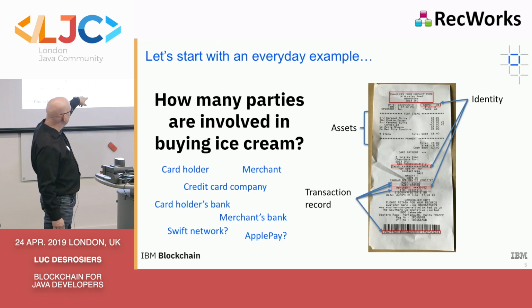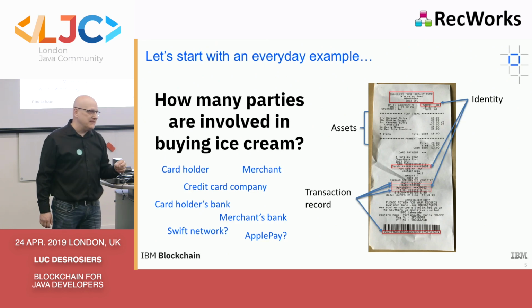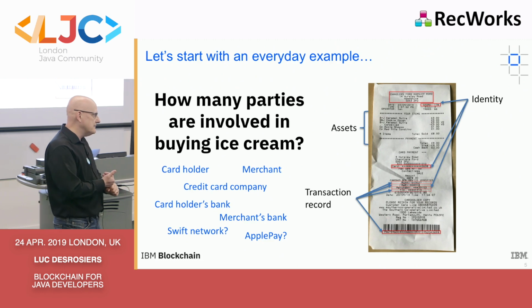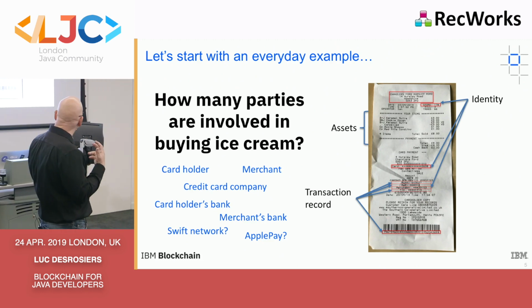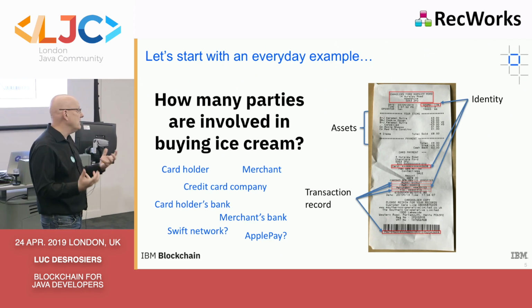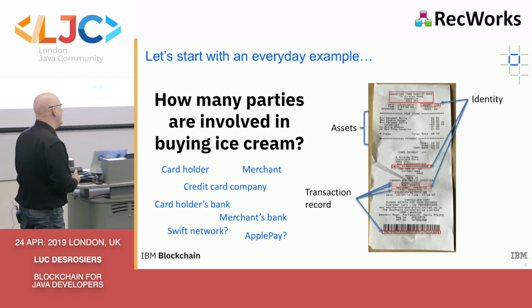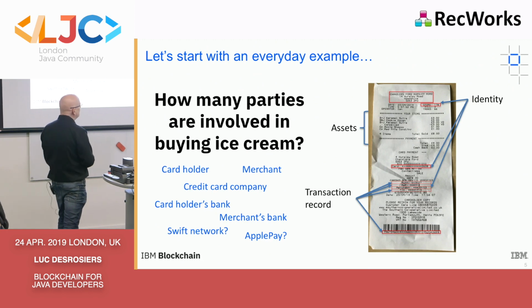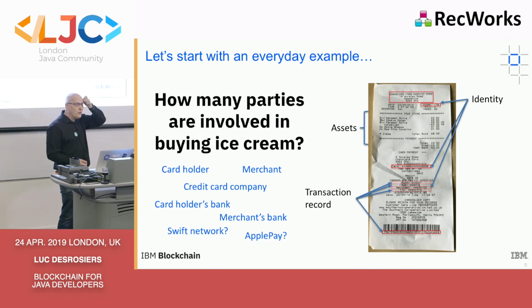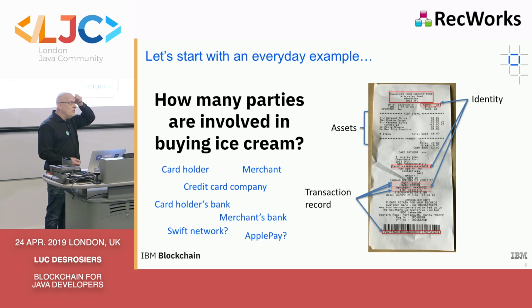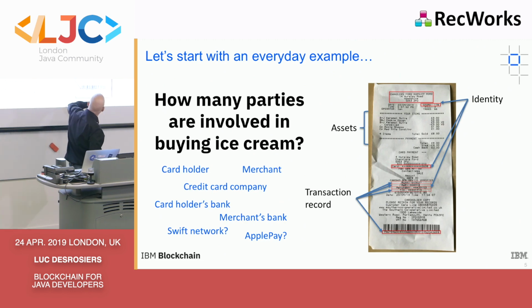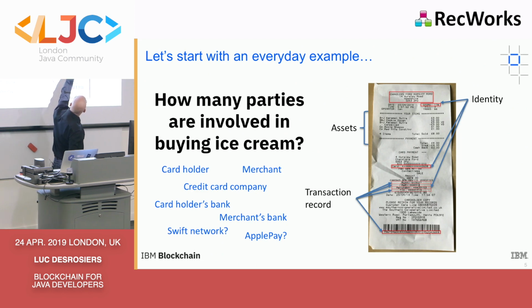Essentially, there are three main elements that make up a business network: participants, assets, where I'm exchanging money for ice cream, and transactions. The thing to note here is the amount of transaction records. To me, this is a way to say we like to work with each other, but we don't really trust each other. So in a sense, I've got my identity, I've got the store identity, and I've got another identity for the merchant because one is not enough.